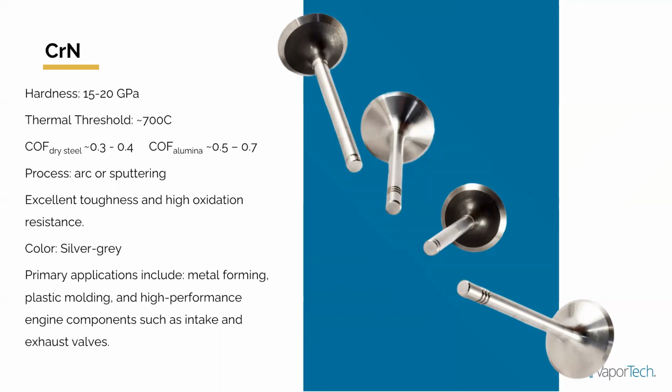So applications in which you have impact, thermal shock or something along those lines, chrome nitride is in general one of the best possible coatings for those types of applications. You have a higher thermal threshold at around 1000 C, reasonably good coefficient of friction, can be produced by arc or sputtering, and on top of the excellent toughness that I was talking about, it can also withstand environments where you have some oxidation.